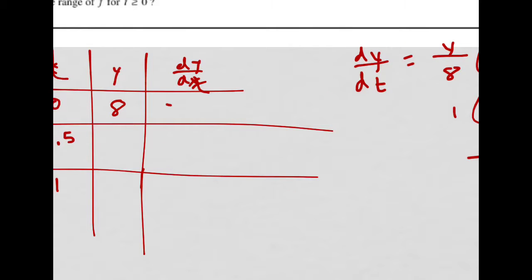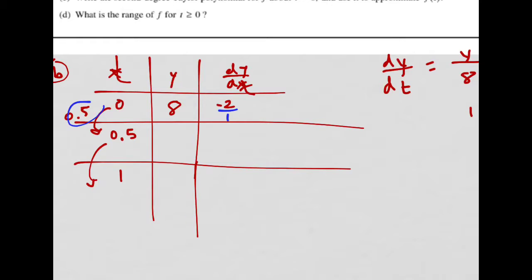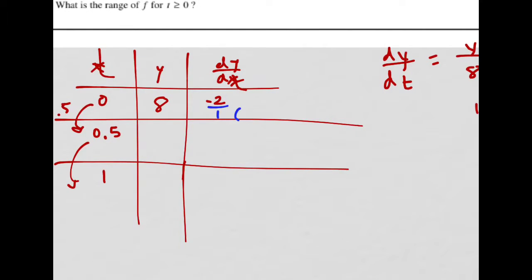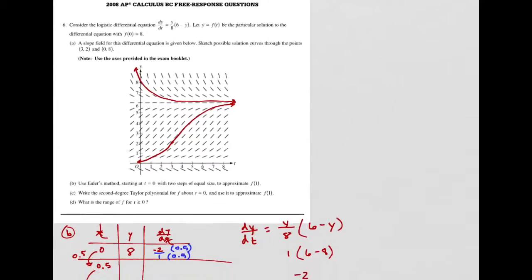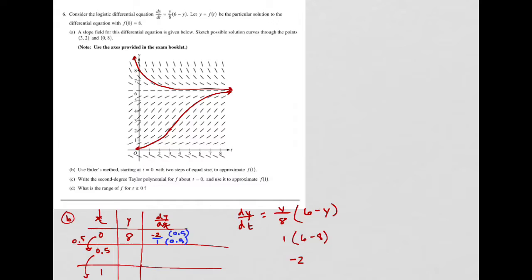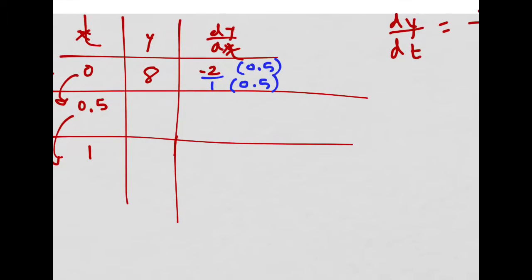So my slope here is negative 2, but I want my step size to be 0.5, so I can just multiply by 0.5. Easy enough. This is no calculator, right? No calculator on this one. So negative 2 times 0.5 is negative 1.